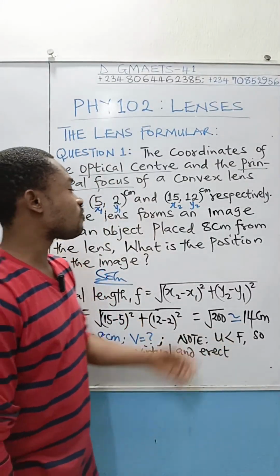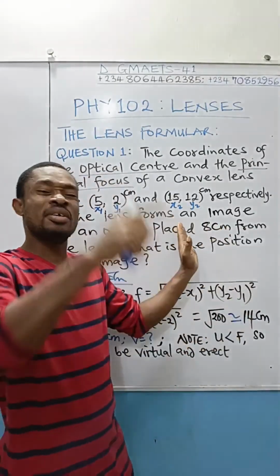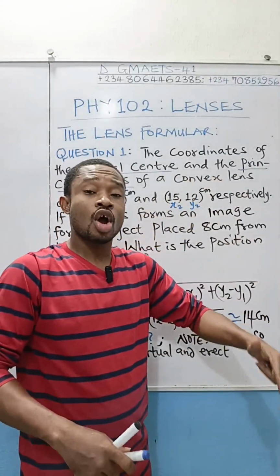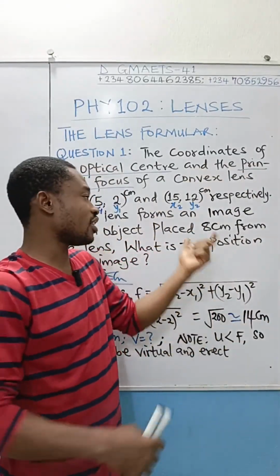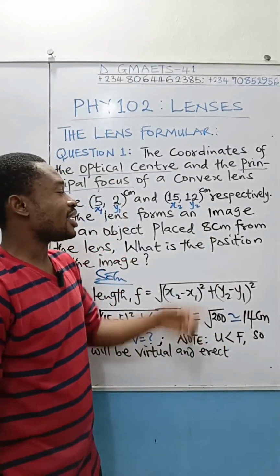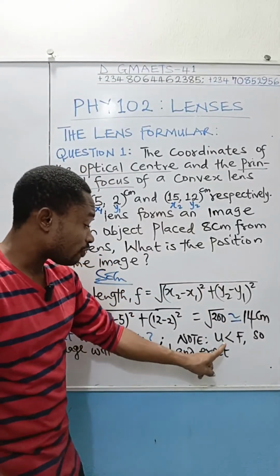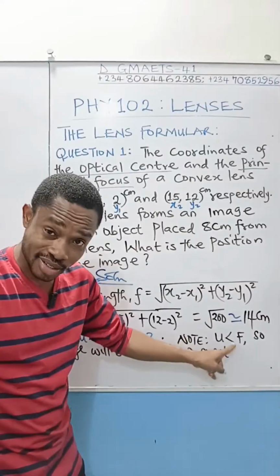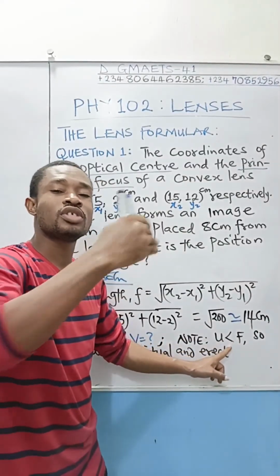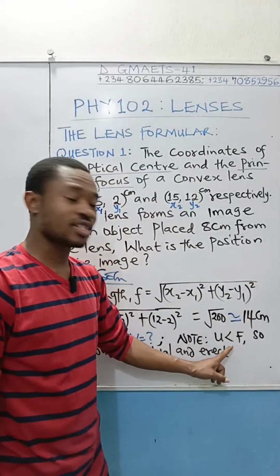In fact, if we had been given the image position and they asked us to find maybe the focal length or the object position, look at this case, because it's only in one case that this occurs, when you are talking about the position of an object and the image formed with respect to a convex lens.